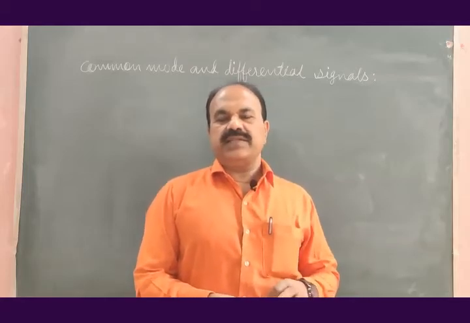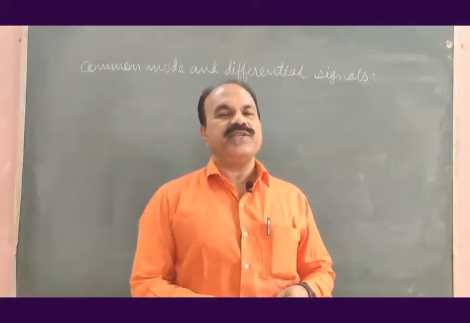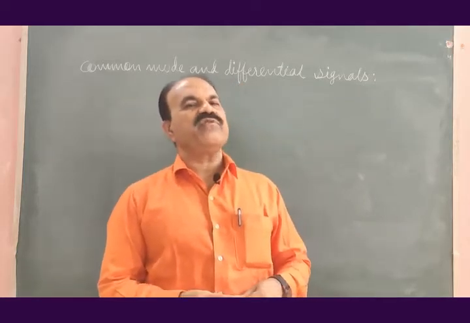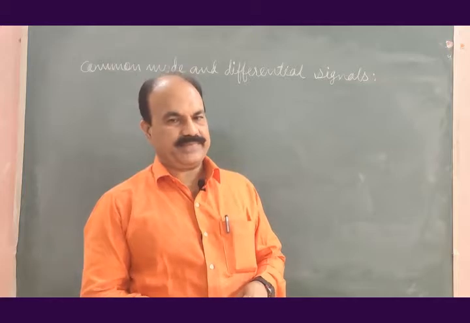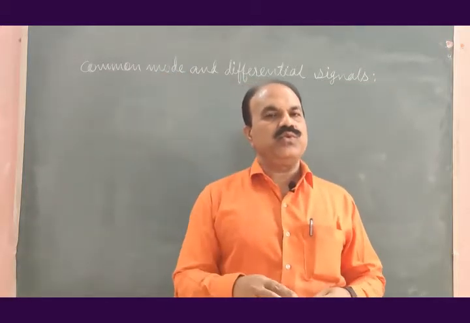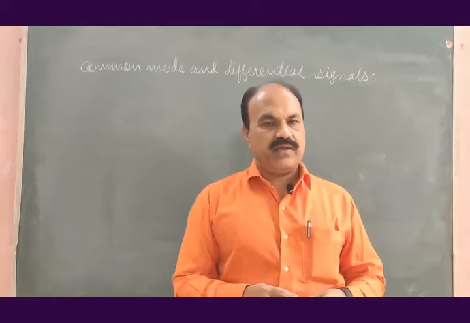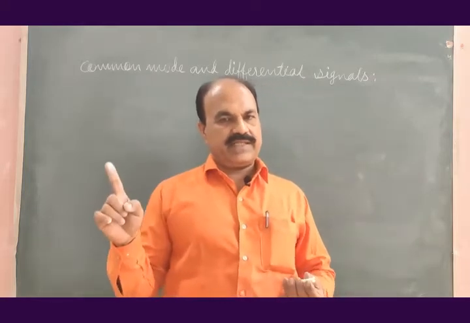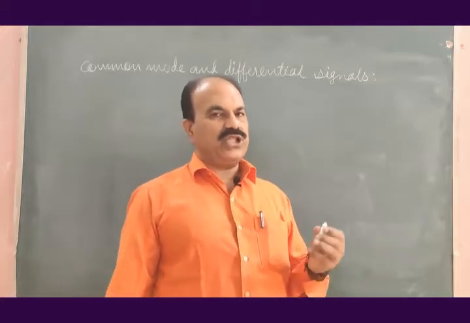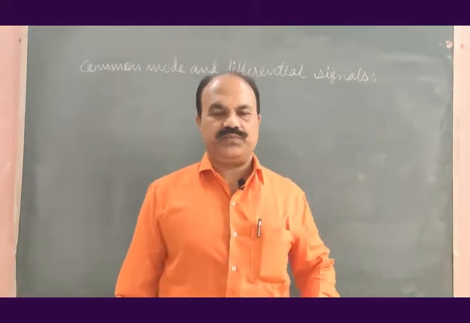We know that the differential amplifier is used for amplification of the difference of input voltages. It has two outputs, one at the collector of Q1, the other at the collector of Q2.